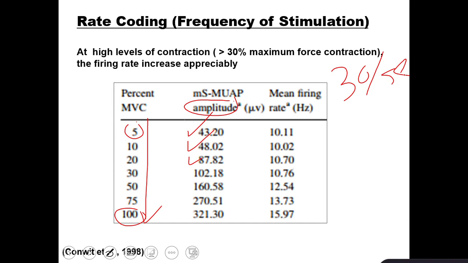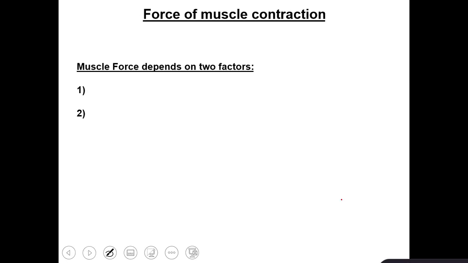So here the motor unit, instead of working slowly, is working faster. We call that firing rate or frequency of stimulation. When you begin to work, you can see that your firing rate is about the same until you go to 20% of your maximum force, and then the firing rate starts to increase fast.